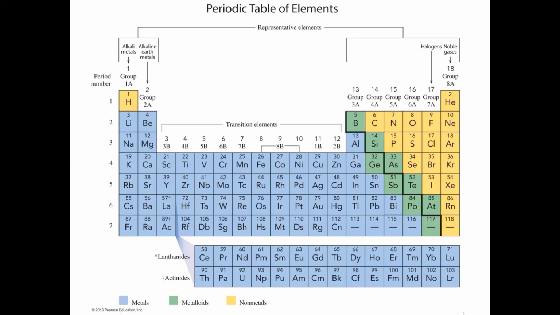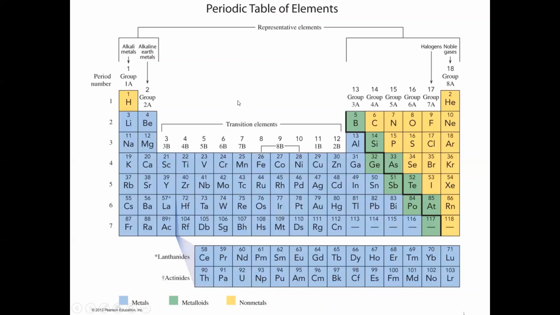And there's only one instance of a nonmetal that appears on the left, and that is hydrogen, just because it acts similar to the others in group 1. And we'll tell you why in a little bit. So our blue are metals, our yellow are nonmetals, and our greens right on the step are what we call metalloids. It's a combination between the two.